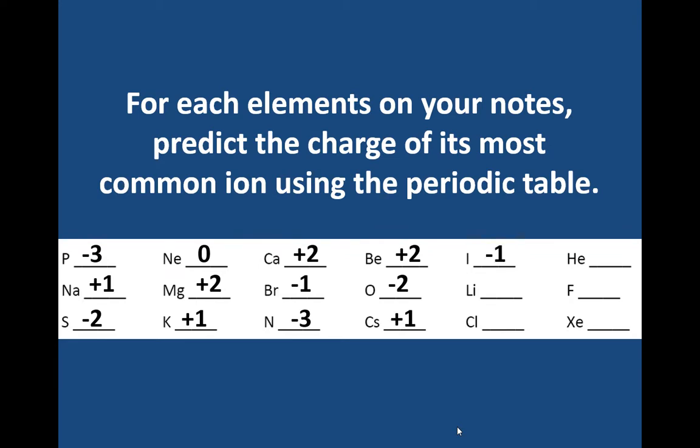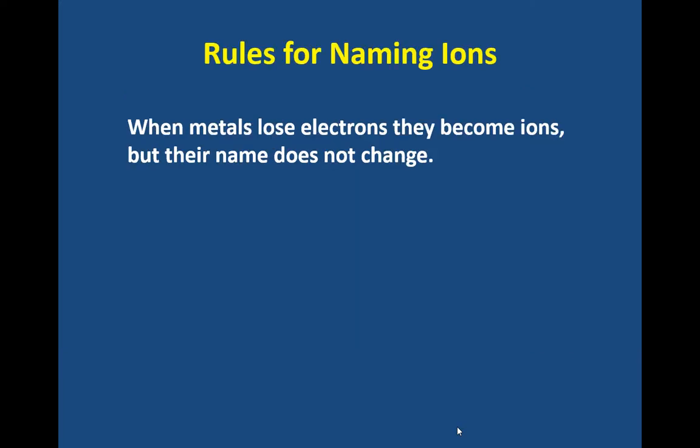Iodine, negative 1. Lithium, positive 1. Chlorine, negative 1. Helium, 0. Fluorine, negative 1. Xenon, 0. So, let's discuss the rules for naming ions.